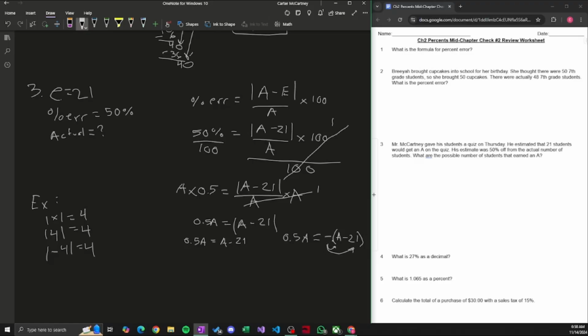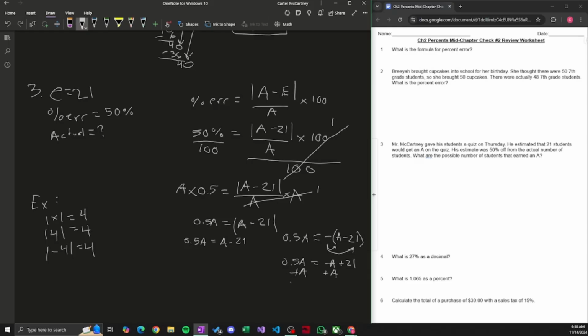This negative sign is going to be multiplied to both of them. This is really negative 1. So this becomes 0.5A equals negative A plus negative times a negative, 21. Now we can add A to both sides. Add A here, and add A here.